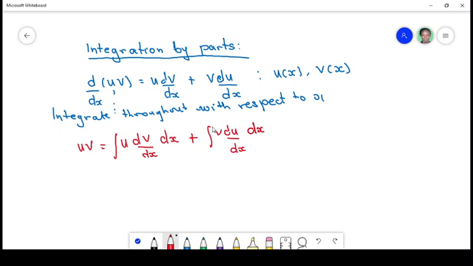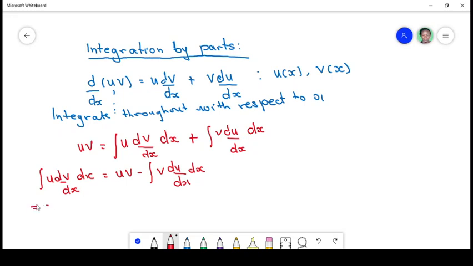Okay, so let's rearrange. In rearranging, I have the integral of u dv over dx, dx to be equal to uv minus the integral of v du over dx, dx.